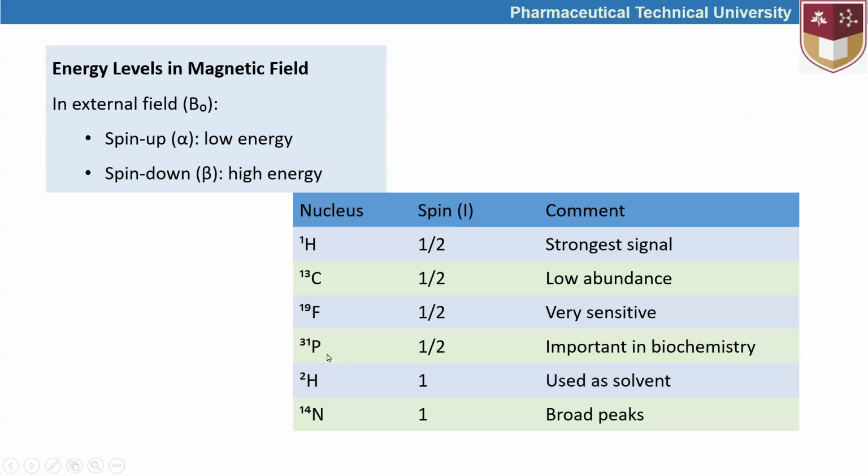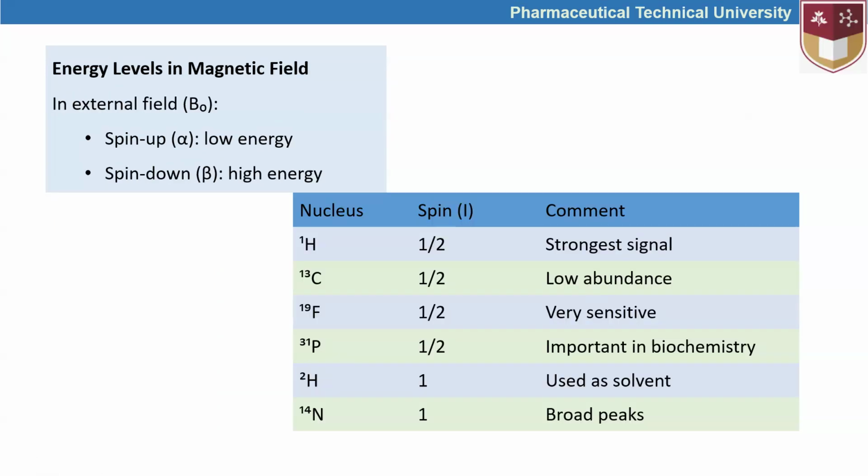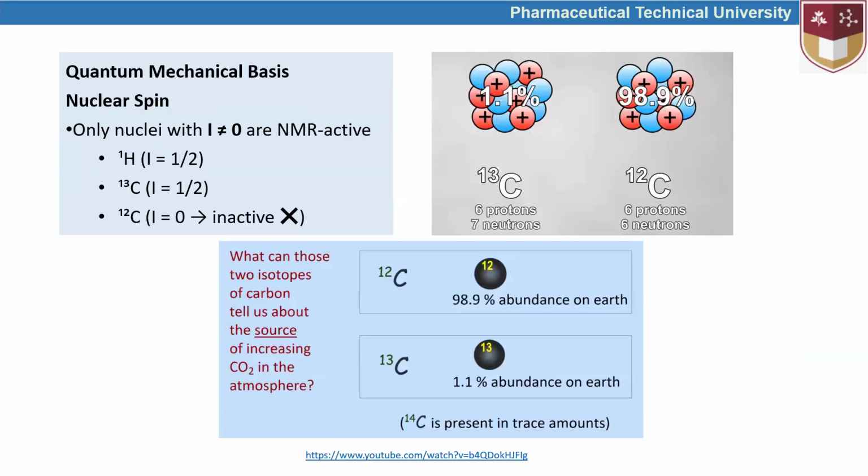Phosphorus-31 can also be detected, and it is important in biochemistry. Deuterium, again, it produces signals, but it is used as solvent because these signals are not very strong. And broad peaks are obtained that belong to nitrogen.